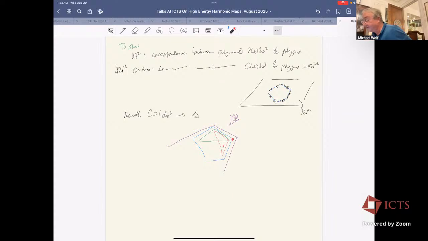Now, I want to try to focus on this issue of Stokes directions and flipping. So let's just think about C. Maybe I'll say C is dz cubed. The picture here is more complicated than it was in the quadratic differential case.